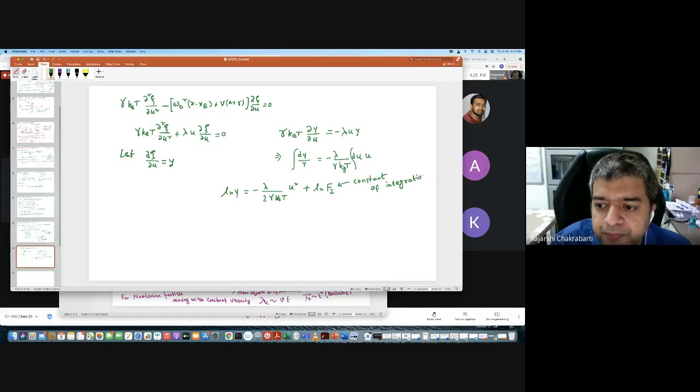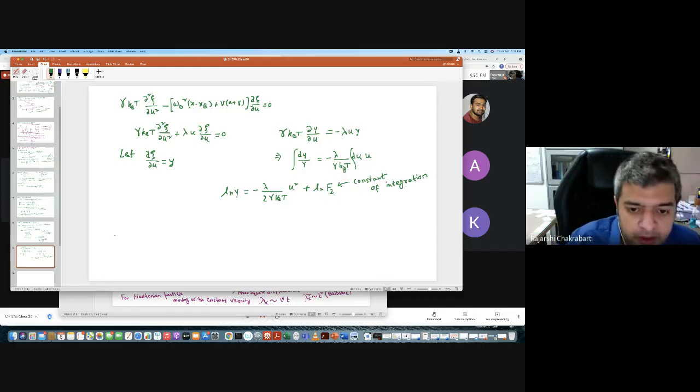So if it is like this, then y is f2 exponential of minus lambda u square by twice gamma kVt.